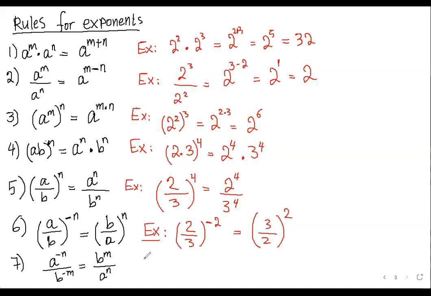Example. 2 to the power minus 2 over 3 to the power minus 5. What is that equal to? 3 to the 5 over 2 to the 2. These are the 7 rules with their examples. Any question for these 7? Make sense?